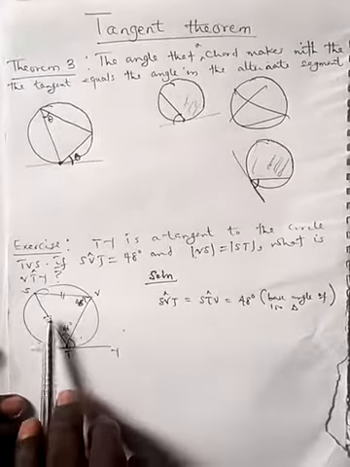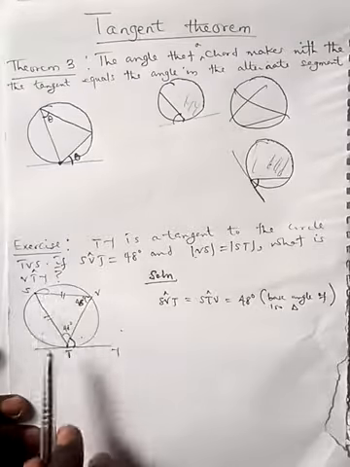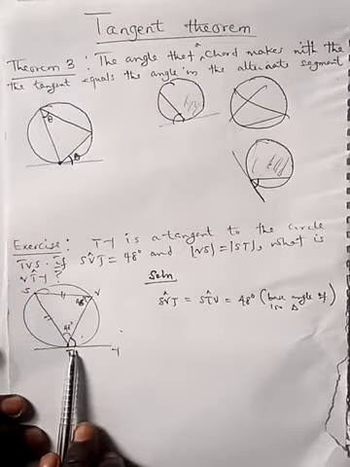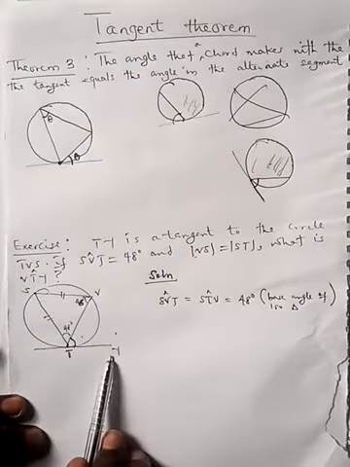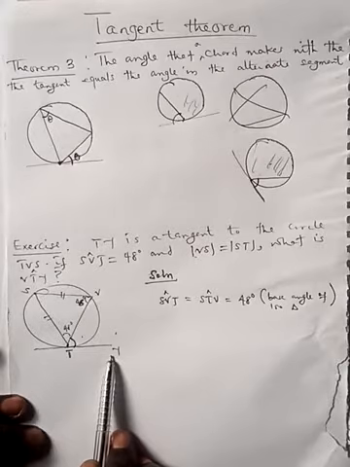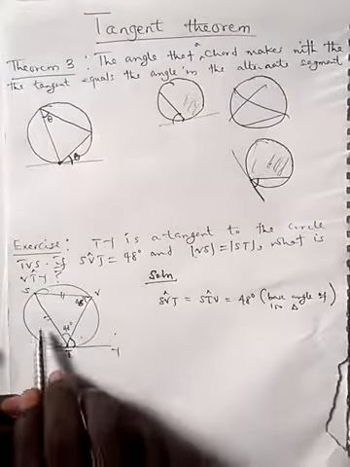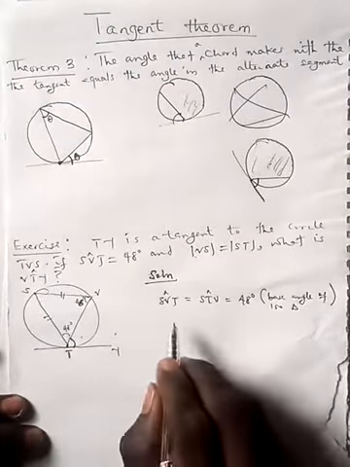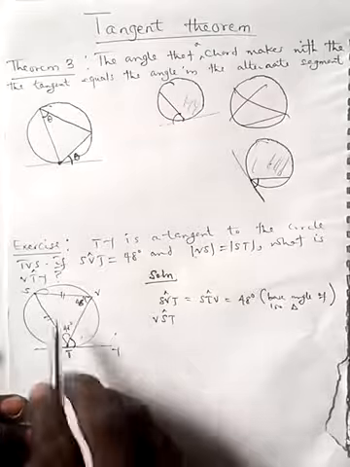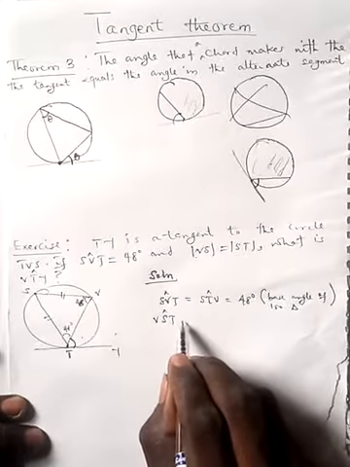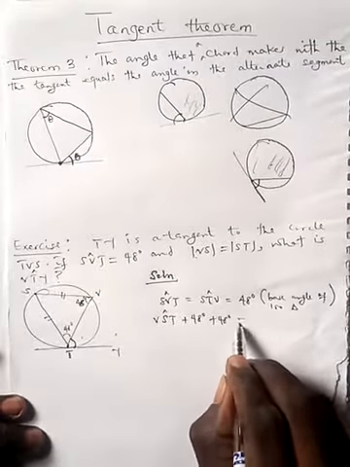Now, in order to find VST, we use the fact that the sum of angles in a triangle is what? 180 degrees, and VST is equal to VTY, which is what they asked us to find. So VST plus 48 degrees plus 48 degrees must be equal to 180.